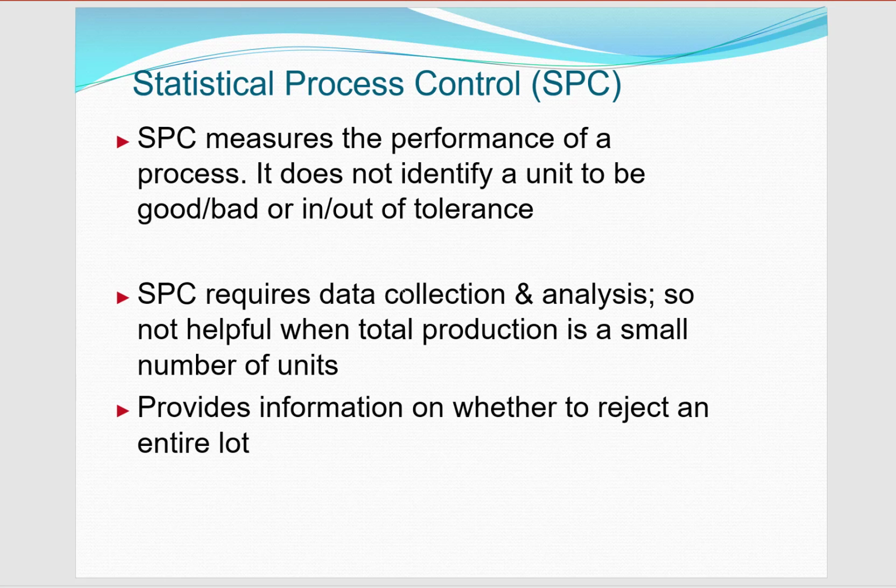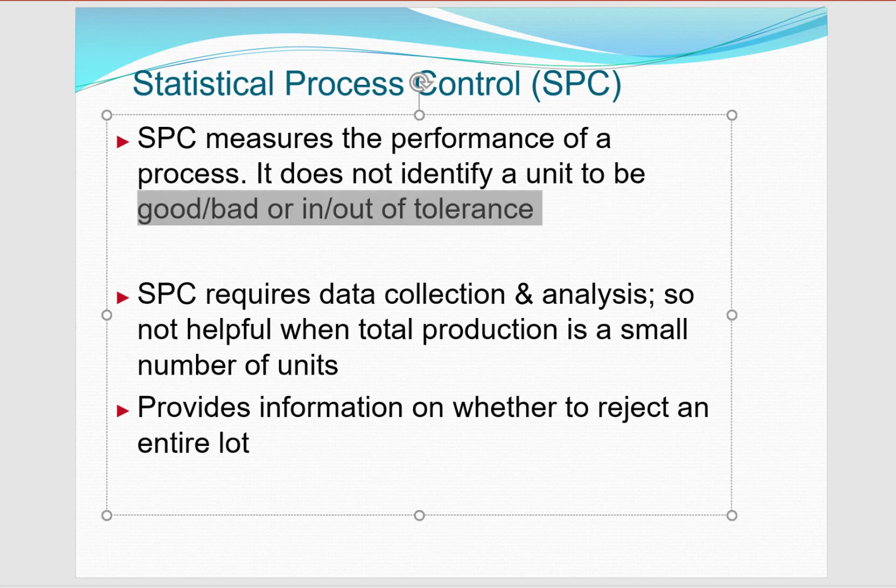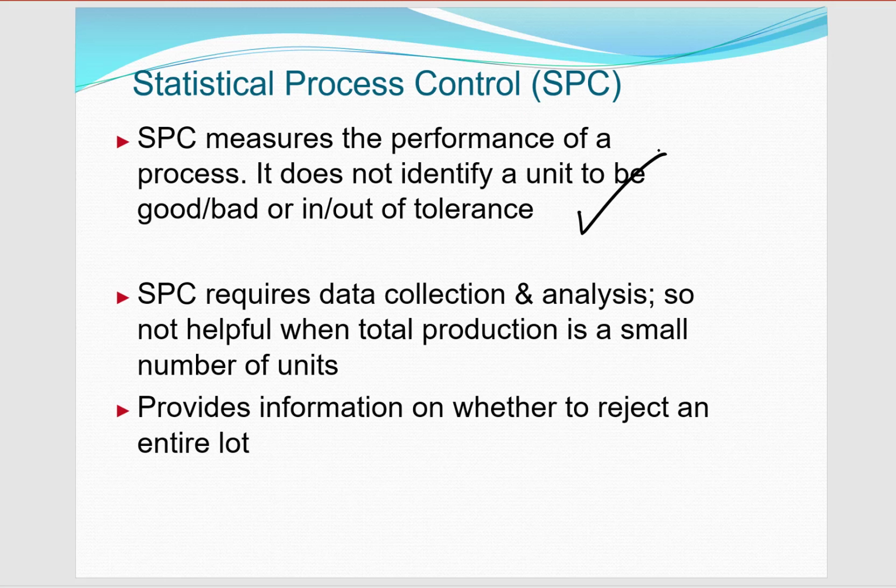And even though it does not identify a unit to be good or bad or in or out of tolerance, it does provide information on whether we can reject an entire lot of production. The reason it does that is because of the statistical calculations and information that go into it.